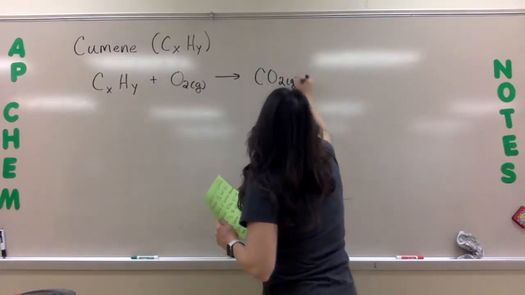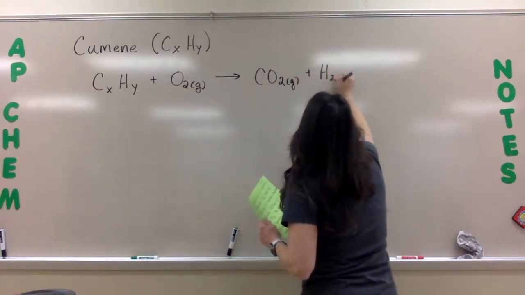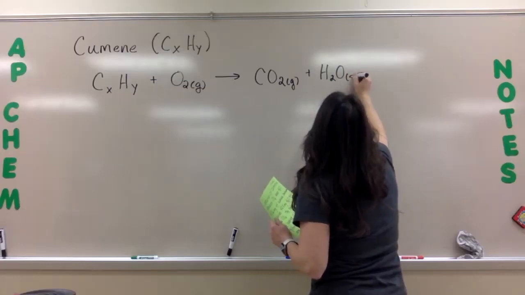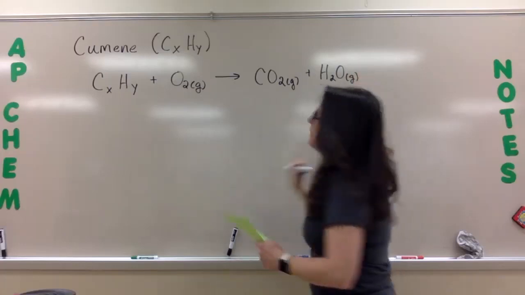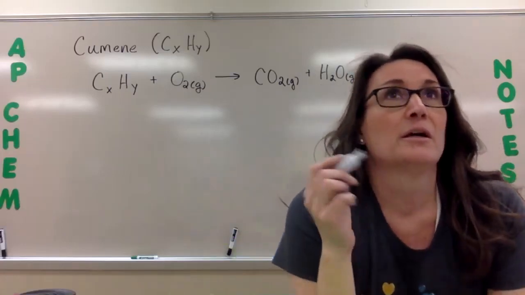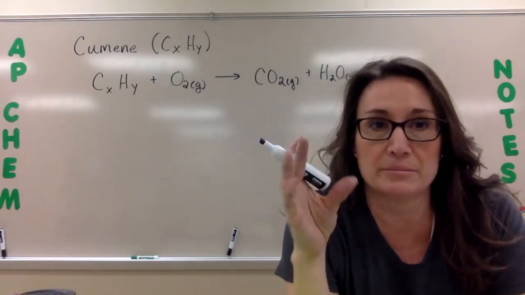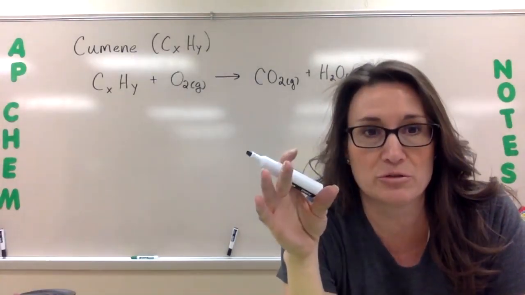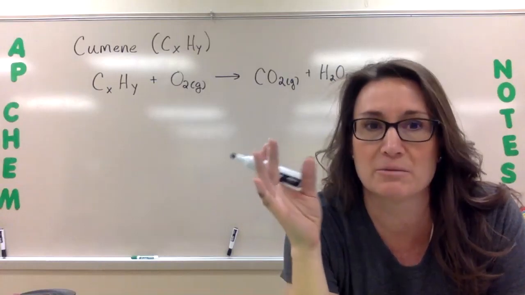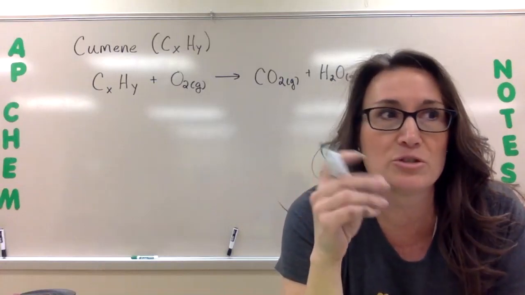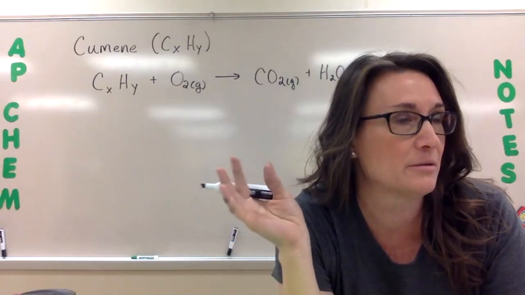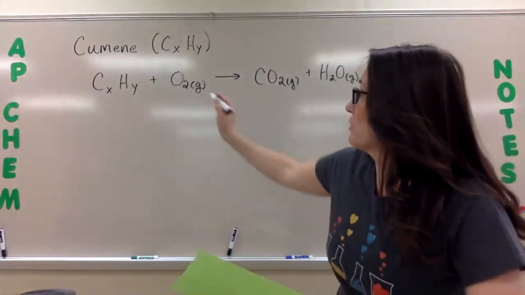Don't mix up the fact that if you were to combust, let's just say gas. If you were to combust magnesium, that does not produce CO2 and water. I know you're going to say, well, are you kidding me? People write that. Yes, they write that, okay? So magnesium will just produce magnesium oxide if you combust it, okay?